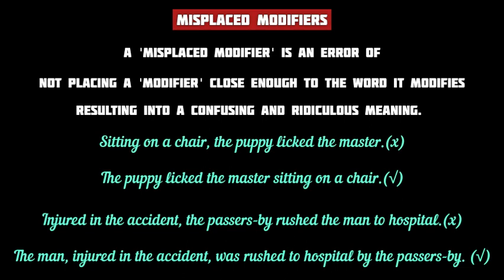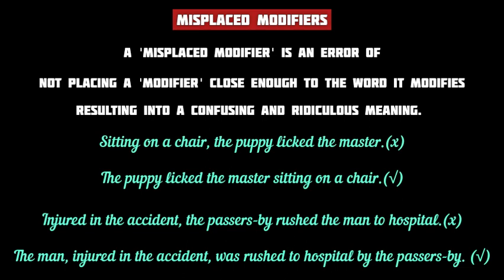Now look at the first sentence. Sitting on a chair, the puppy licked the master. Apparently, this sentence seems to suggest that the puppy is sitting on a chair and licking the master. But we know it is actually the master who is sitting on a chair. Here the modifier sitting on a chair has been wrongly placed before the noun the puppy and far away from its subject of reference the master.